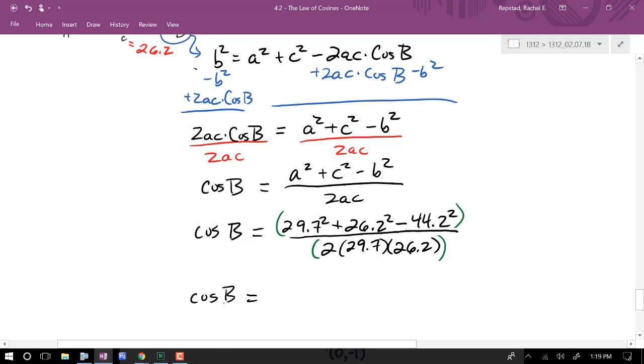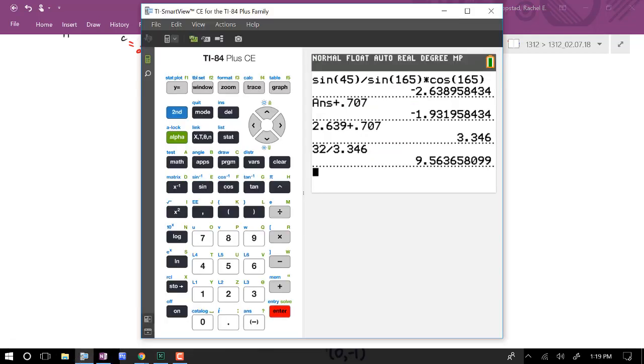But as a quick check, sometimes when you're doing this calculation, it might give you a domain error. That's with the law of cosines. The most likely cause of that is some error in plugging things into the calculator. And if that happens, the next thing you should do is just figure out what this fraction is equal to. So if we did that here, 29.7 squared plus 26.2 squared minus 44.2 squared, and then 2 times, is it 29.7 and 26.2?